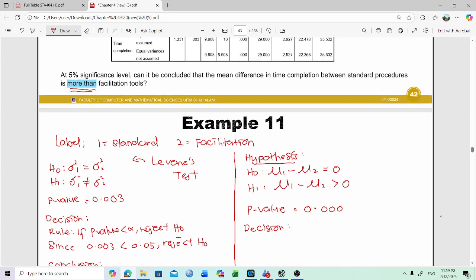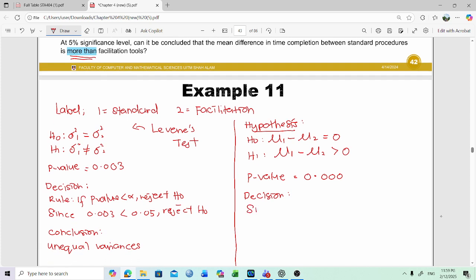Okay, so the decision here is since 0.000 is less than your alpha, which is 0.05, then you can reject the null hypothesis. Therefore, the conclusion is the time completion of standard procedure is more than facilitation tools.